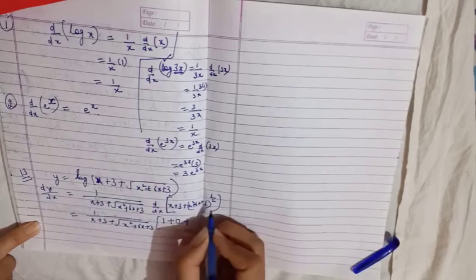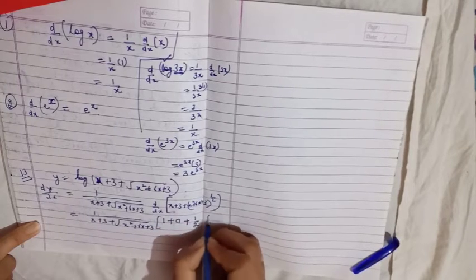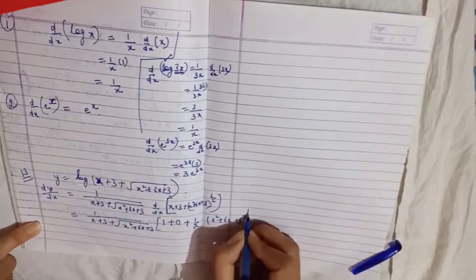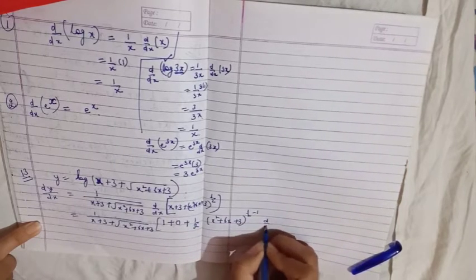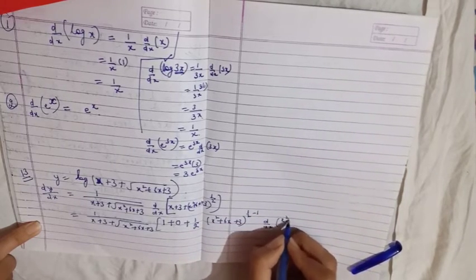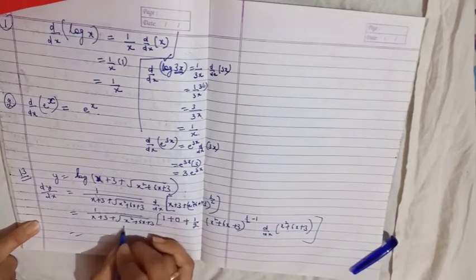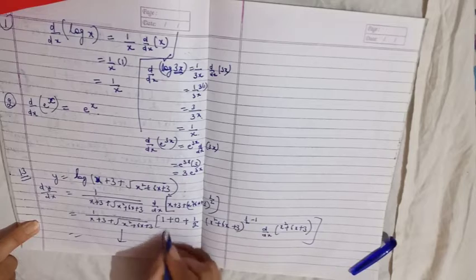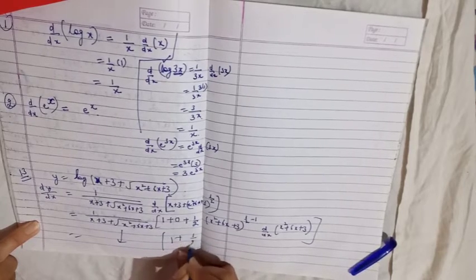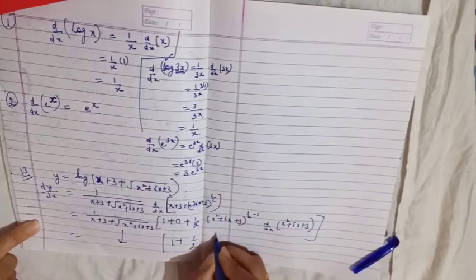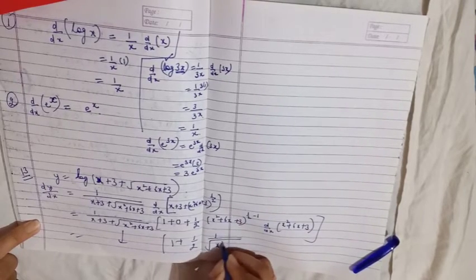And the derivative of this is 1 by 2 into x square plus 6x plus 3 power 1 by 2 minus 1, into the derivative of x square plus 6x plus 3. Right? Now this will be minus 1 by 2, that is root in the denominator.